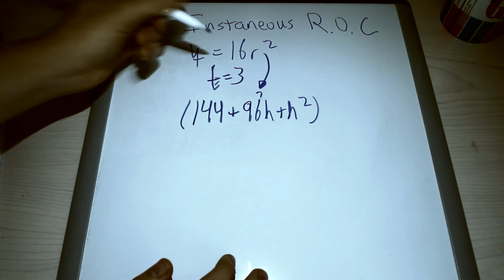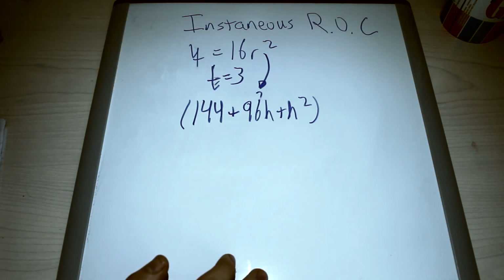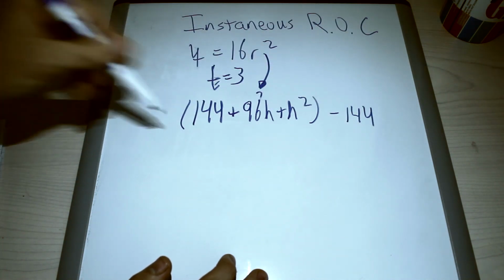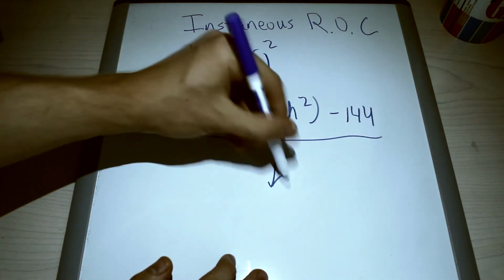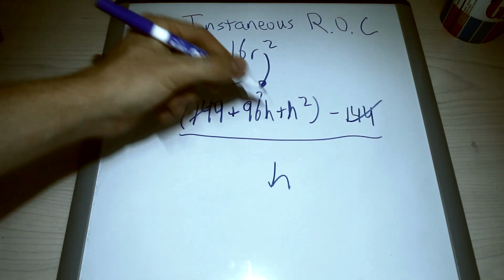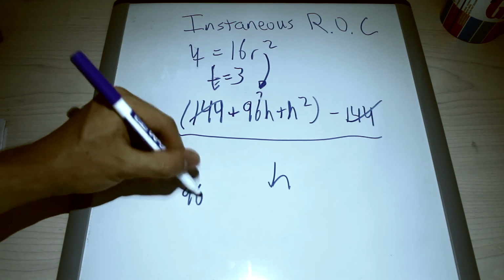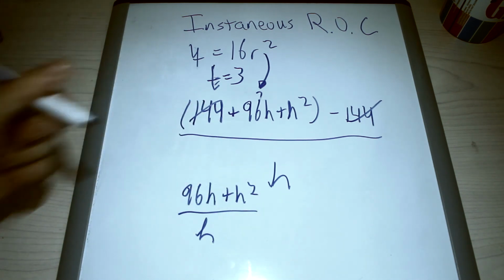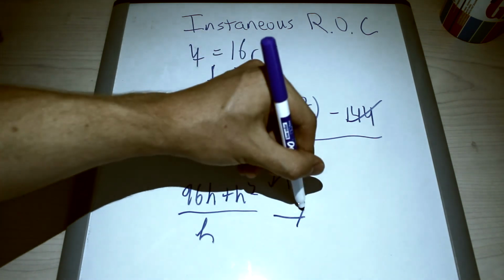I mean, you're just foiling it. There's nothing too complex. And minus 144 over h. Well, the 144's cancel out, and you're left with 96h plus h squared over h.